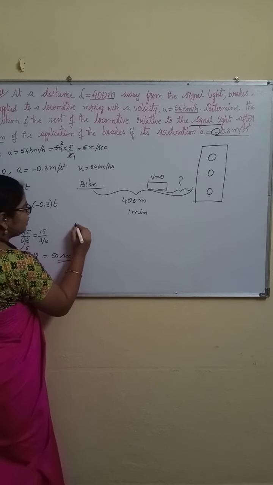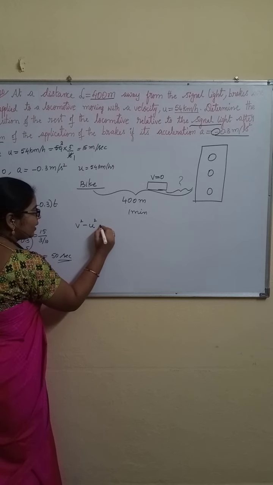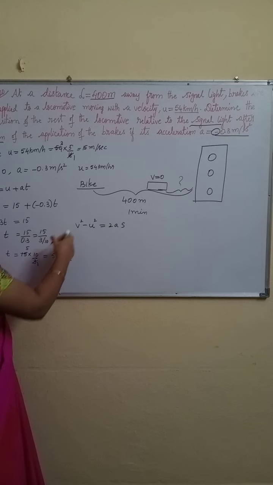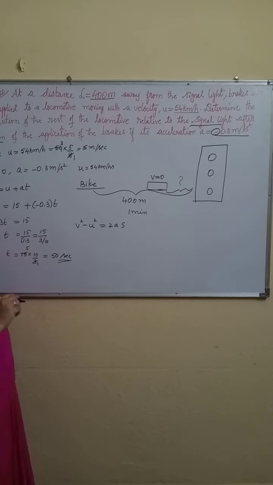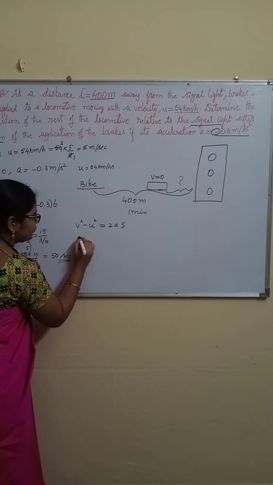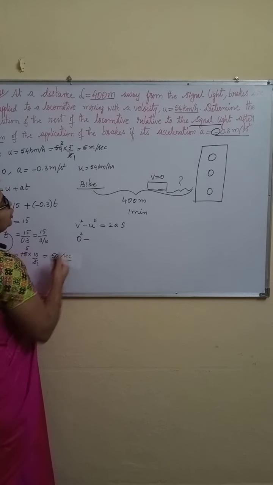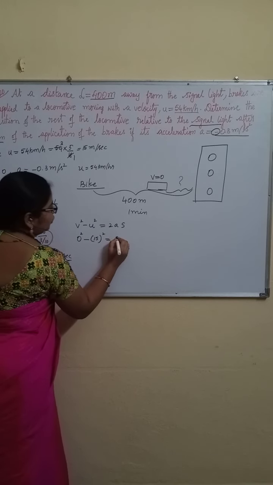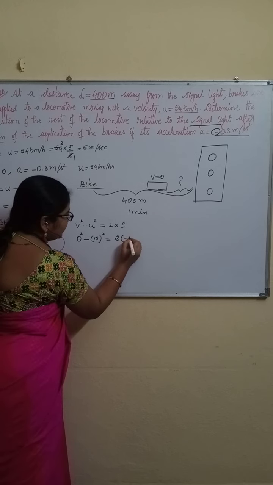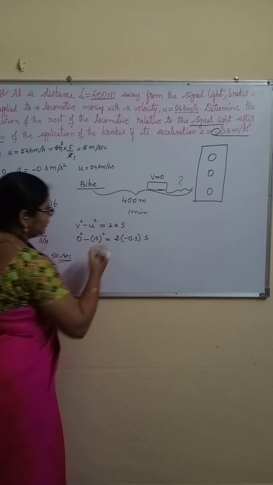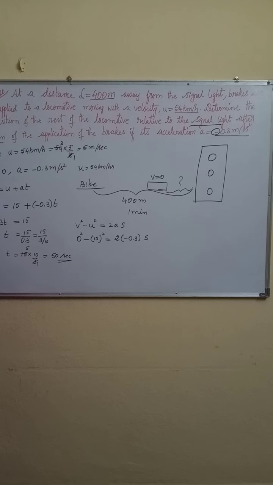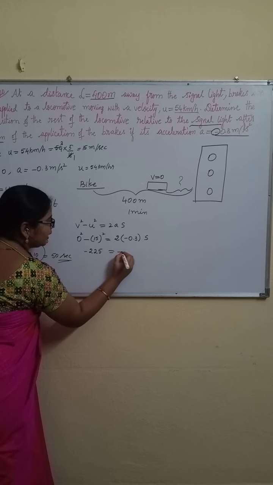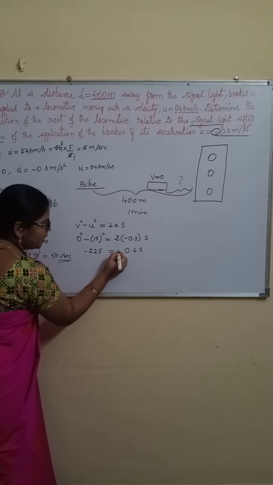We have one formula, v square minus u square is equal to 2as. The v value is 0, so 0 square, minus u value, how much? 15. 2 into a value minus 0.3 into s. 15 15s are 225, equals minus 0.6 s.